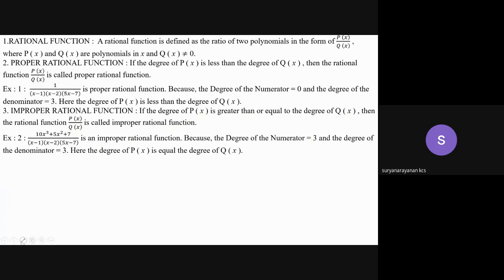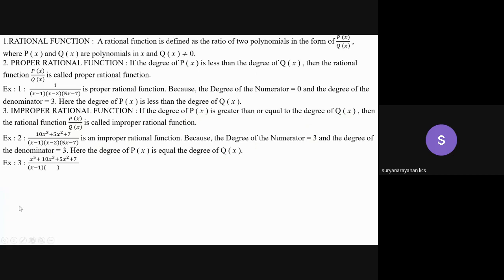Understood the difference between proper rational function and improper rational function? Now let us take another example for improper rational function.